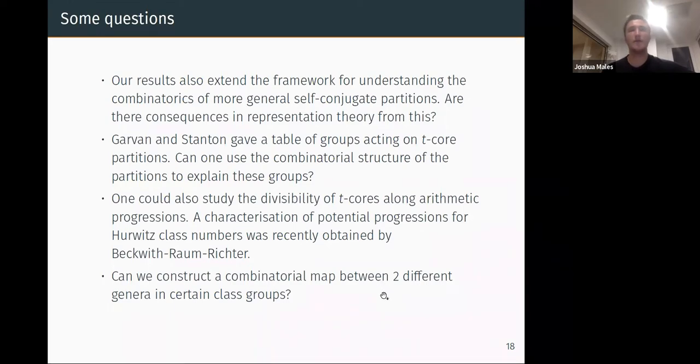So somehow we're mapping to two different parts of this class group using each of our maps from 4-cores and self-conjugate 7-cores. So there must be a way to map between genera in the class group just using our self-conjugate and 4-core partitions. If we just look at the combinatorial structure of these partitions, can we easily construct some map between genera in a class group?